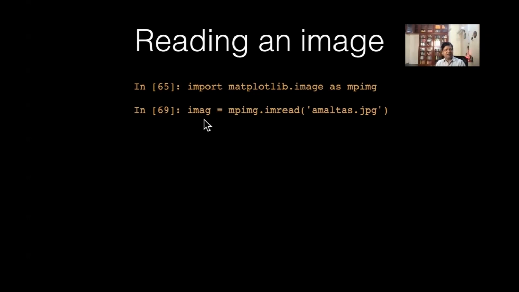Now, an image is a 2D array, right? It's a 2D grid. For each pixel, it stores 3 numbers. So the array size is m comma n comma 3.